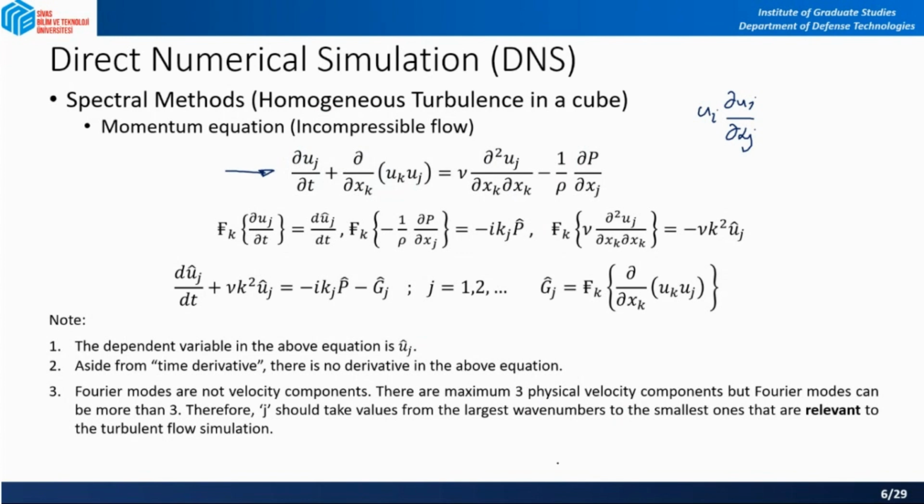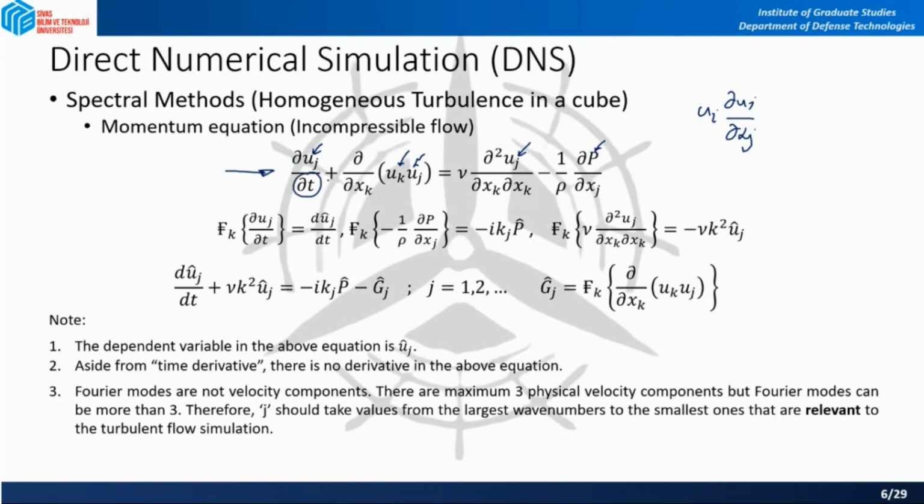Where was I? I said all these variables which you see in here, uj, uk, uj, again uj, and this p, are all instantaneous distributions of either velocity or pressure. And we need to satisfy this at every instant of time.